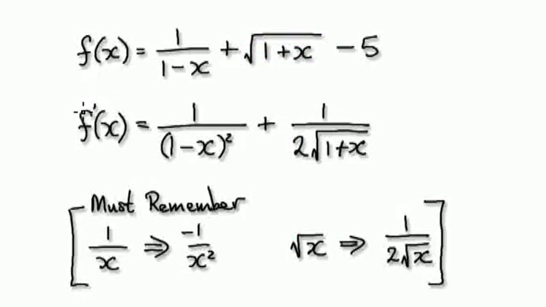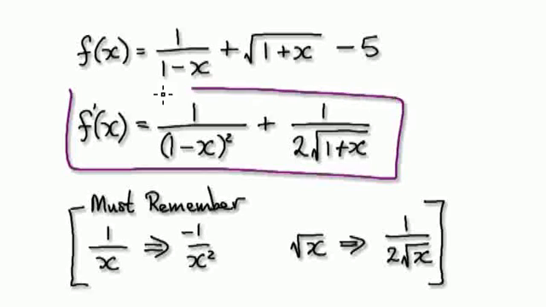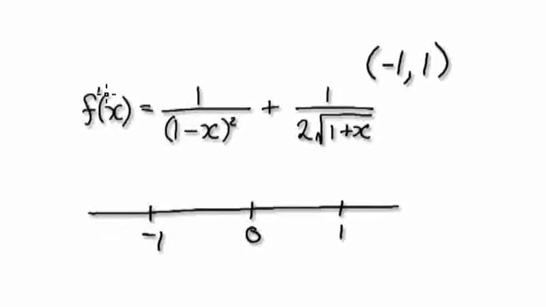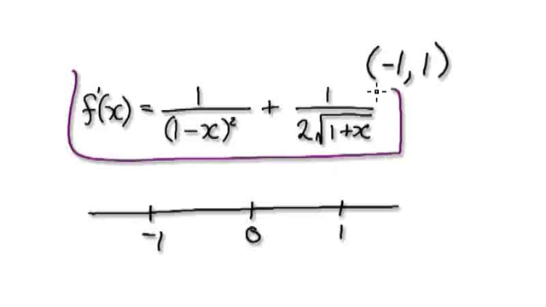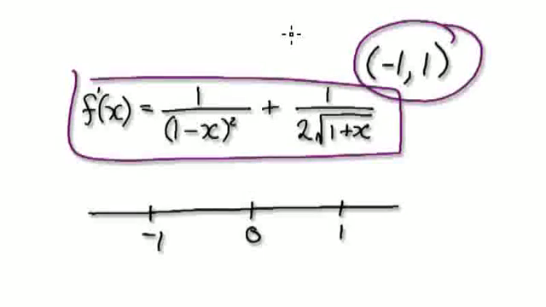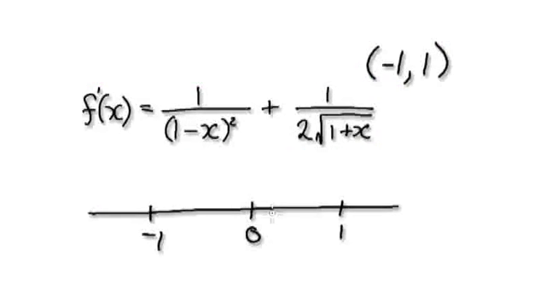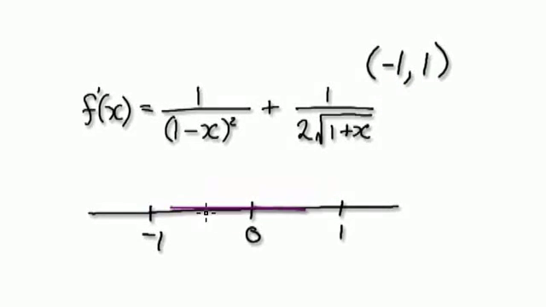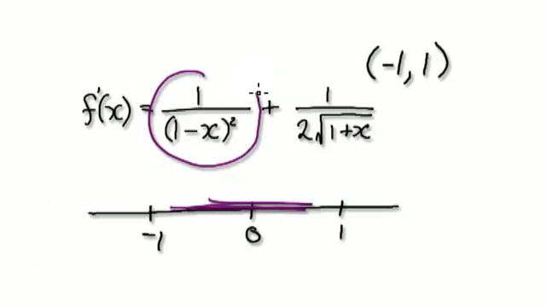Okay. Now analyze f prime of x. So this here is f prime of x, and we're trying to investigate it in this interval here. Well, the point is that x can slide back and forth anywhere in between minus 1 and 1 here.